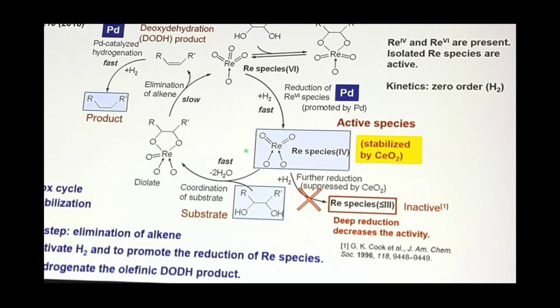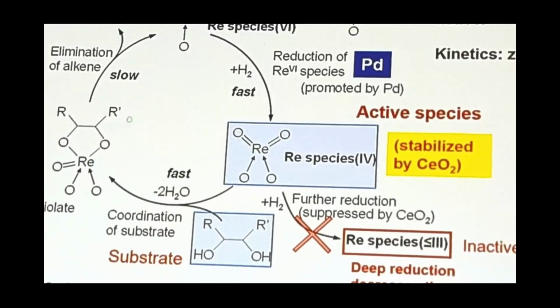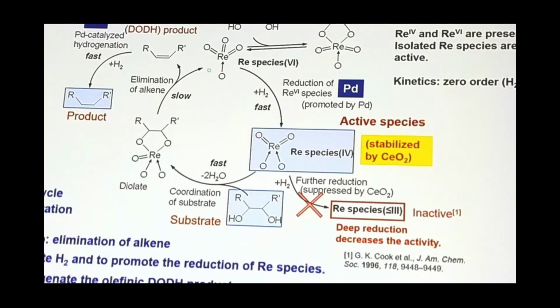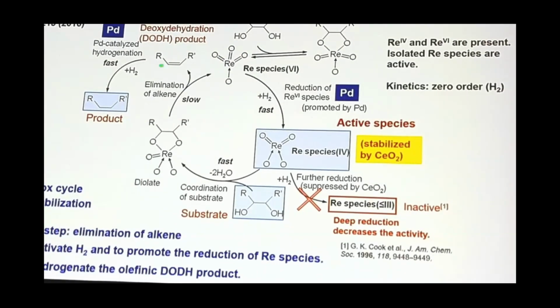The rhenium 4+ is formed, and the diolate is formed, and then the elimination of the alkene. This is the rate determining step. And another important point is that when palladium is used, the palladium shows very high catalytic activity of C=C double bond hydrogenation. Therefore, the saturated product is the main product on this catalyst.